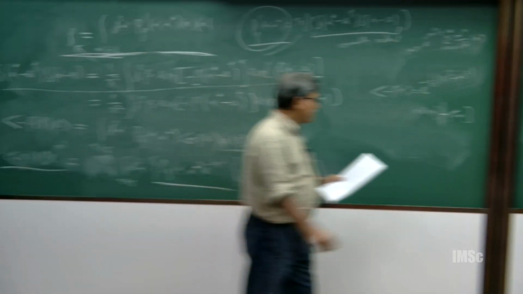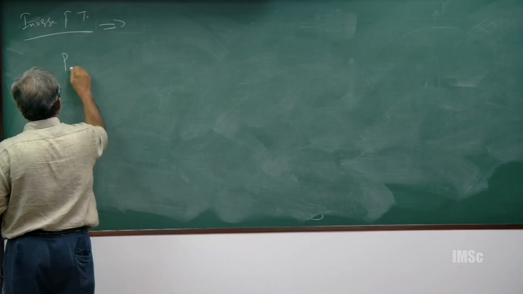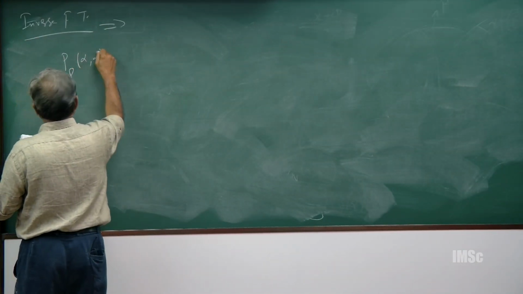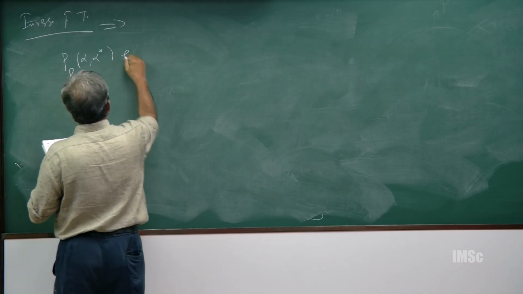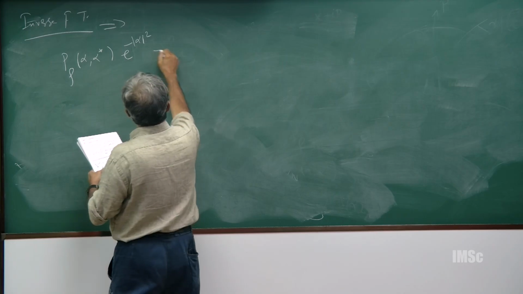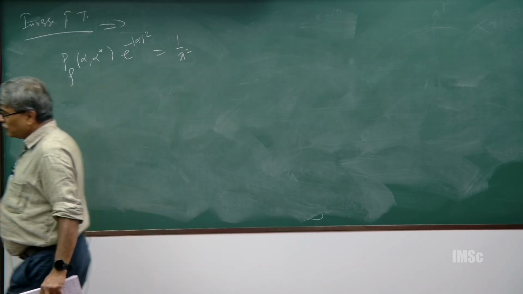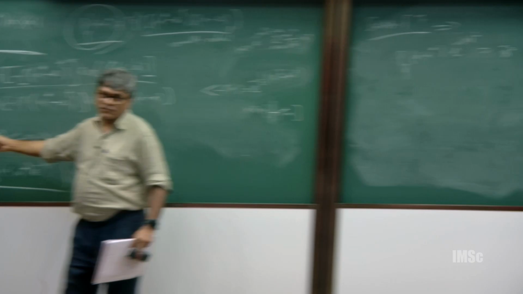So, this will provide you p rho alpha alpha star into e to the power minus mod alpha square, because that is the function you have obtained, is equal to 1 upon pi square, because when you do inverse Fourier transform you will have 1 upon pi square there.